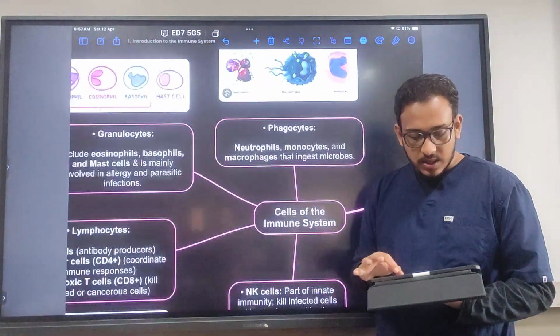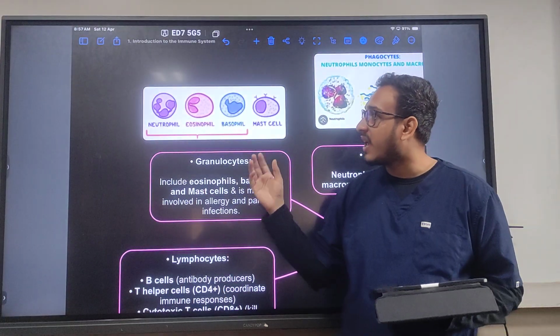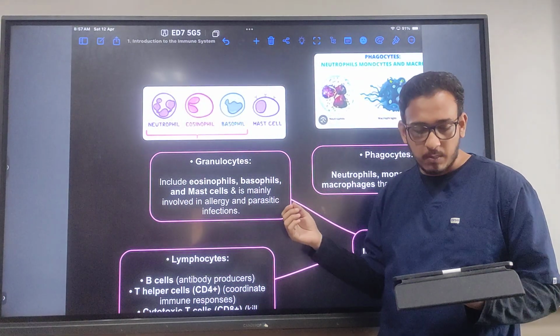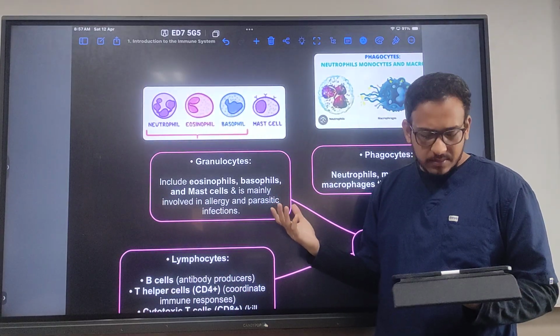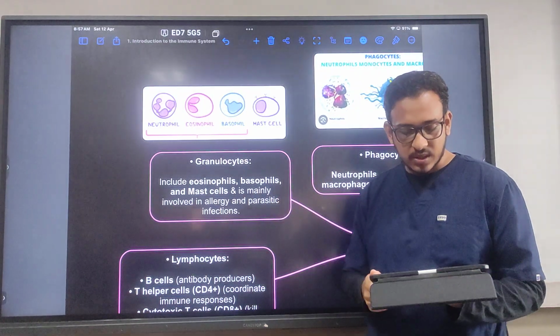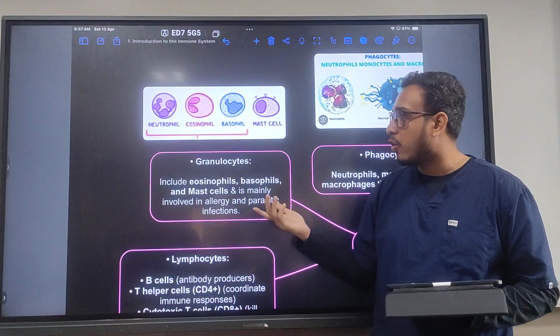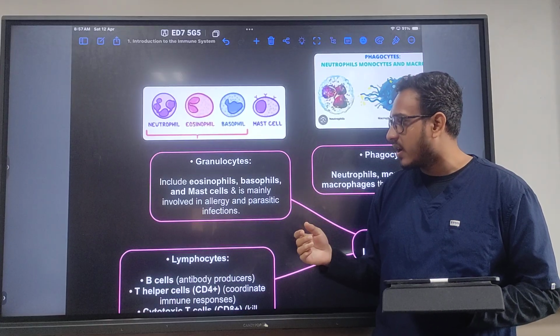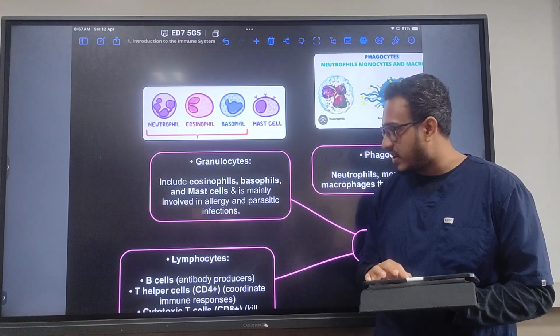And there are granulocytes. They contain small granules within them, which act in response to pathogens. They are eosinophils, basophils, mast cells, and neutrophils, and they are involved in allergy and parasitic infections.